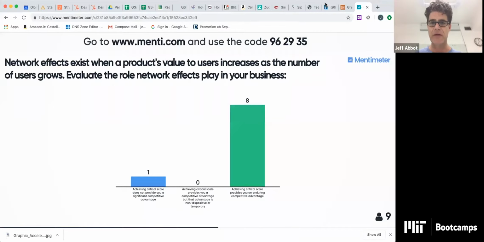The option in the middle is achieving critical scale may provide you a temporary competitive advantage, but you don't believe it's one that you can hold on to. And the third choice, which seems to characterize how most people view network effects, is that there's definitely a long-term competitive advantage to trying to achieve them.